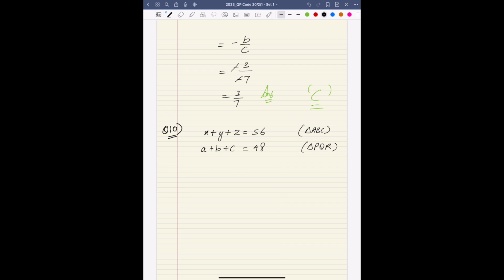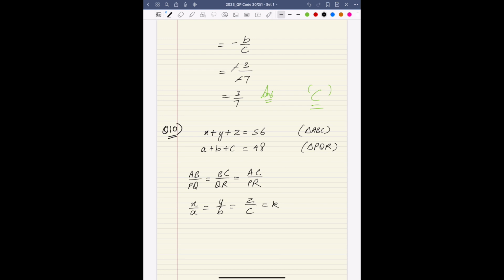Because the triangles are similar, AB upon PQ equals BC upon QR equals AC upon PR, which is x upon a equals y upon b equals z upon c. Let's say this is equal to k.